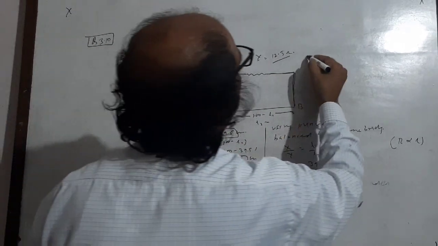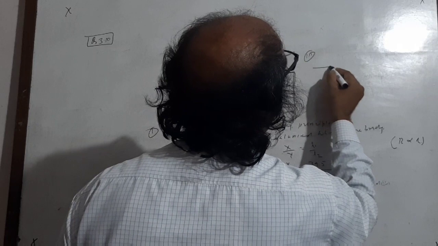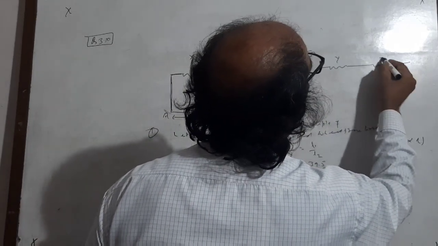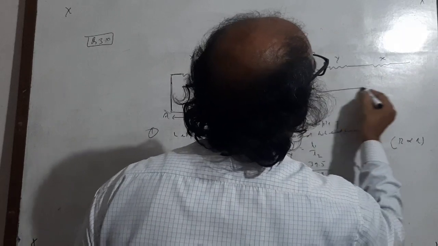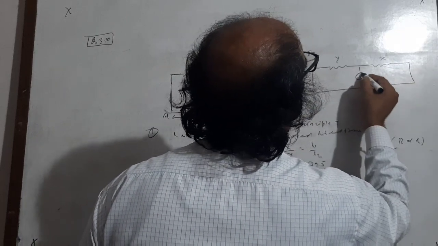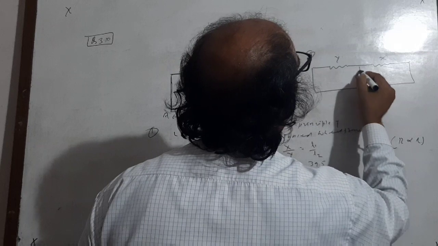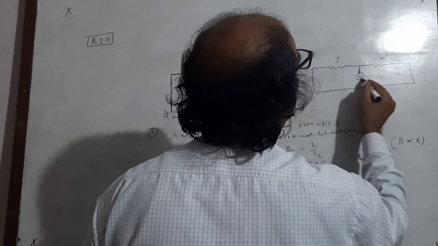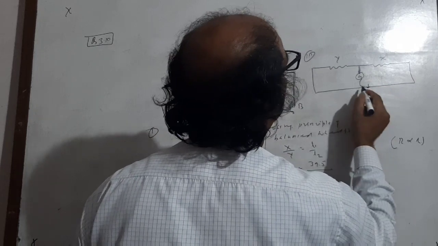So in question number 3, this one is Y, this one is X, and this is the galvanometer, now balanced like that at any point.